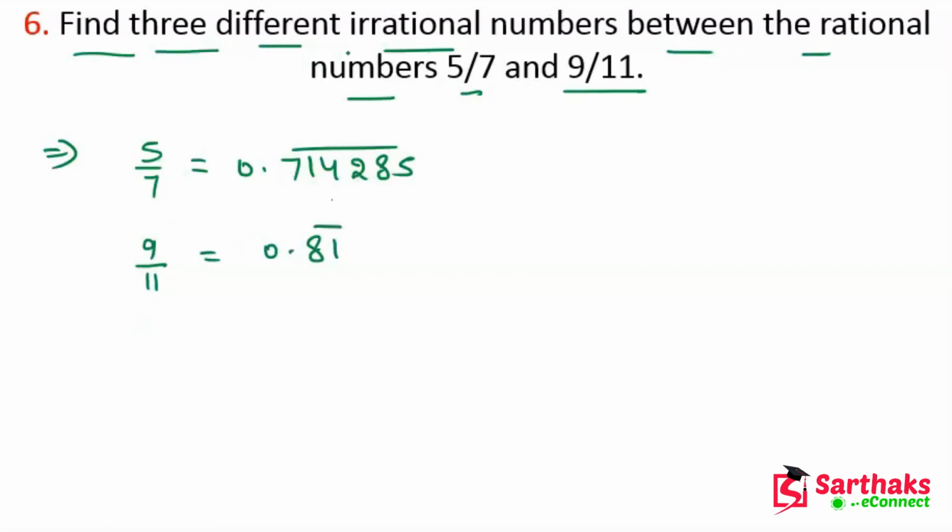Now, my dear friends, we have to find 3 different irrational numbers between these two numbers.